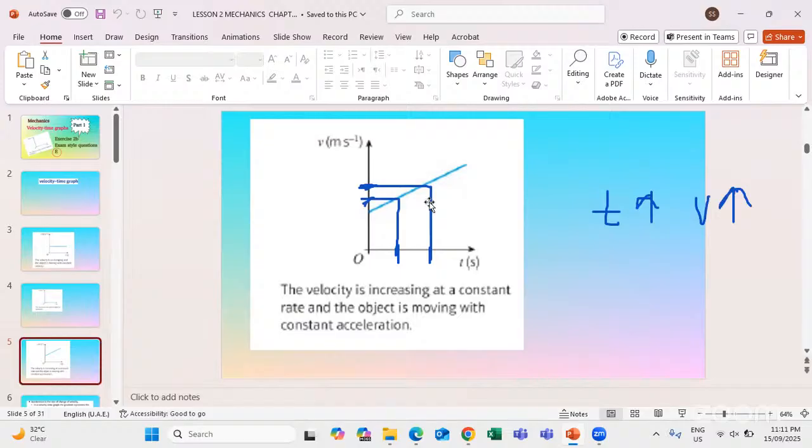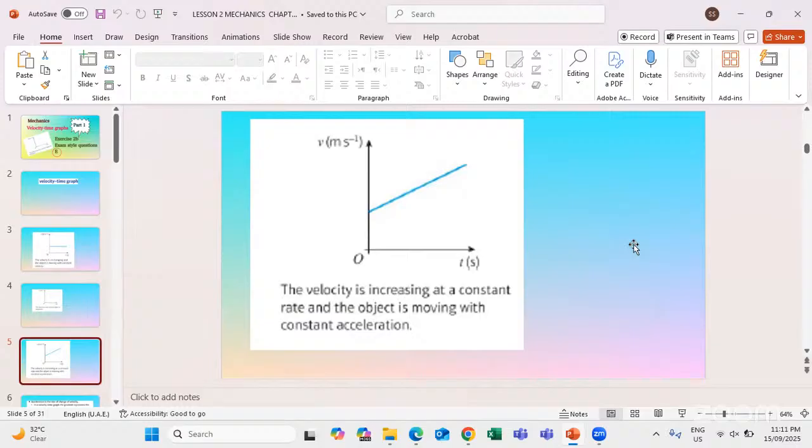Velocity can increase over a period of time, it can remain constant, it can be zero, it can decrease also. Here velocity is increasing with the increase in time. That means there is an acceleration because velocity is changing.